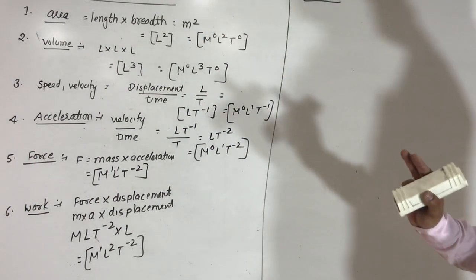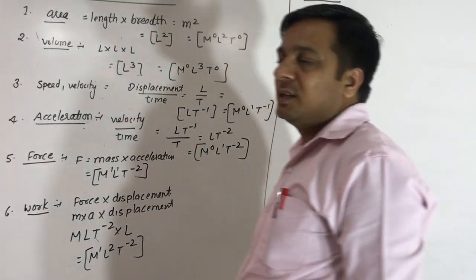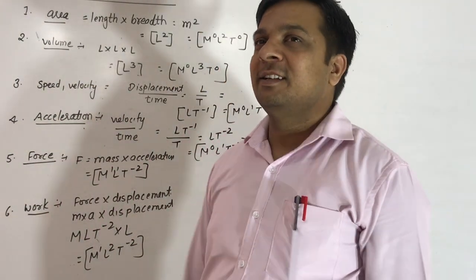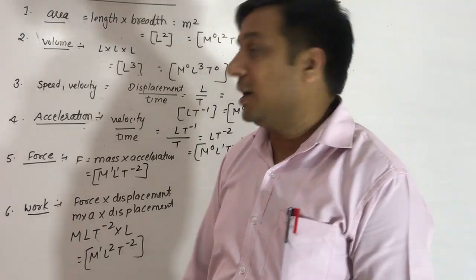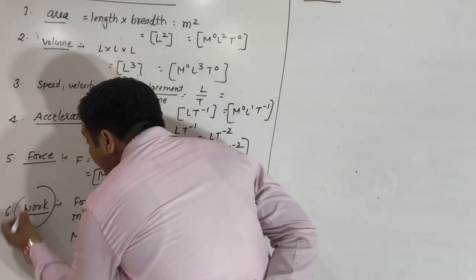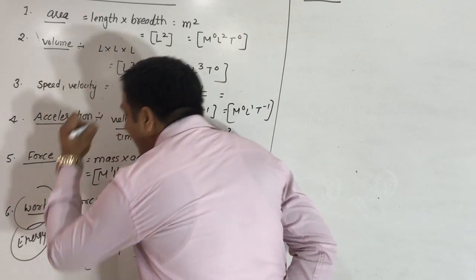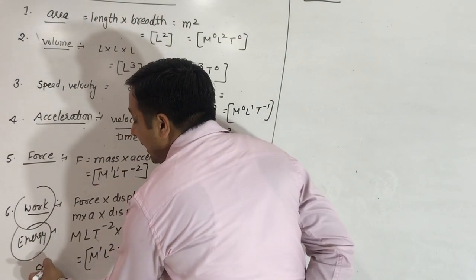One thing is very important, because work is stored in the form of energy, and energy is stored in the form of work done. So every type of energy has the same dimensional formula as work.